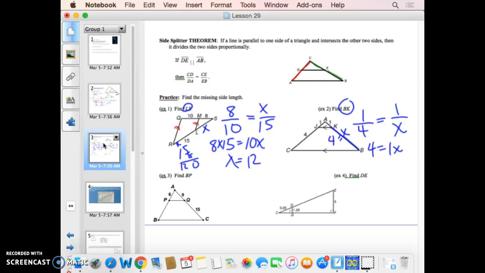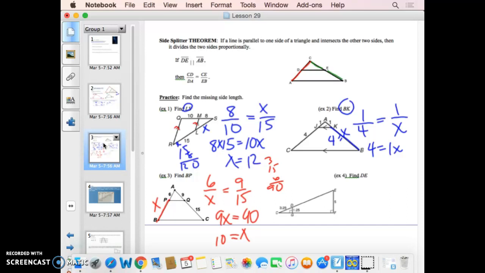All right, if I'm looking for BP, that's this side right here, so I'll call that x. So I'm going to say 6 over x equals 9 over 15. Again, you're going to cross multiply, so 15 times 6, that is 90. So 9x equals 90. So x equals 10.